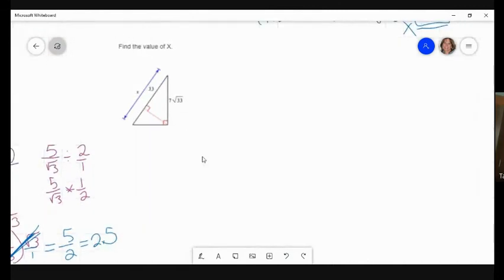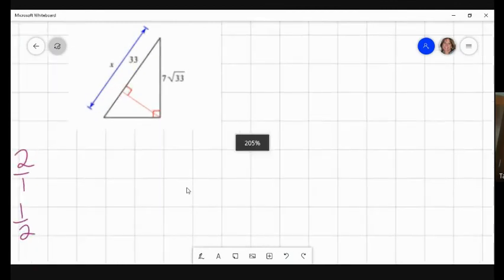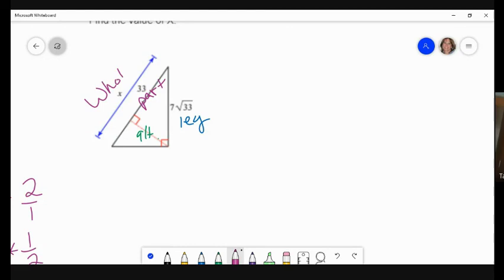All right, so this one goes back to being a geometric mean. For this one, they gave us our altitude here, but that's not what we're looking for, and we're not being given any information, so we'll move to the next case. So we are given the leg and our parts and our whole.